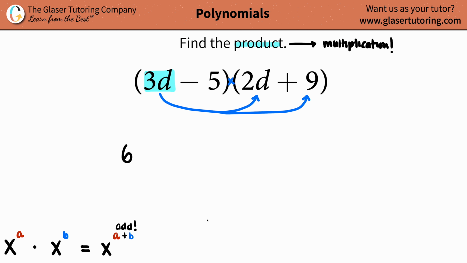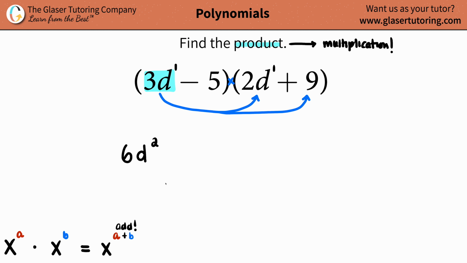We add them together. So in this case, you have a d to the first being multiplied by a d to the first, right? I don't see any number, so I know that I only got one of those d values. And now we have those exponents. 1 plus 1 is 2. So d to the second.